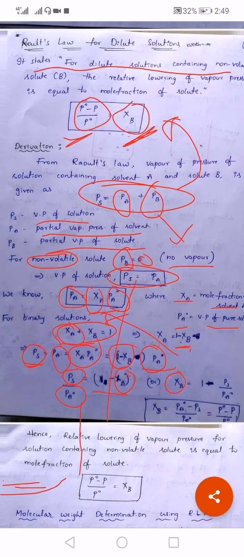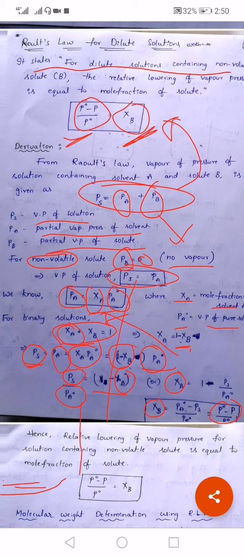Therefore XB equals 1 minus PS by PA naught. Taking the LCM, it will be PA naught minus PS by PA naught. In simple representation, removing the subscripts, I can take it as P naught minus P by P naught, which is the relative lowering of vapor pressure. So we finally got the expression that the mole fraction of the non-volatile solute is equal to the relative lowering of vapor pressure of the solution. This has been derived for your verification.